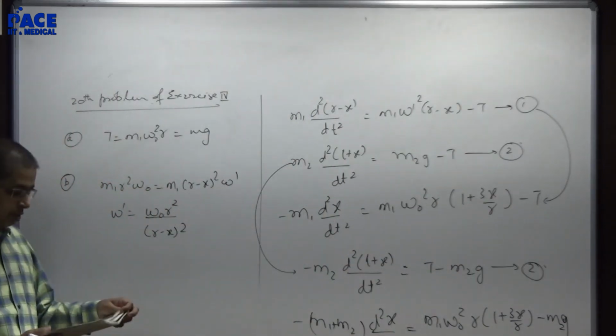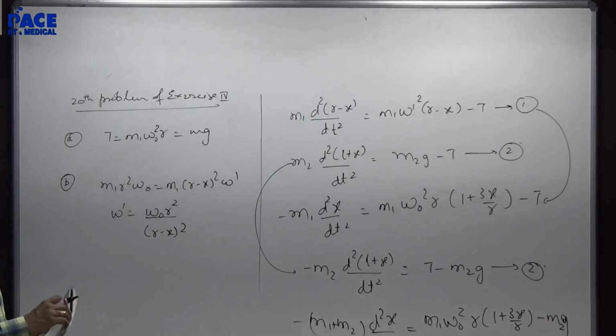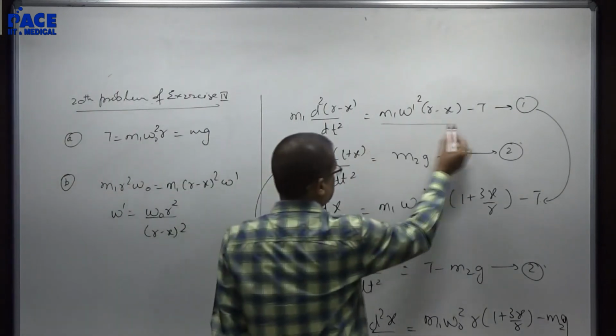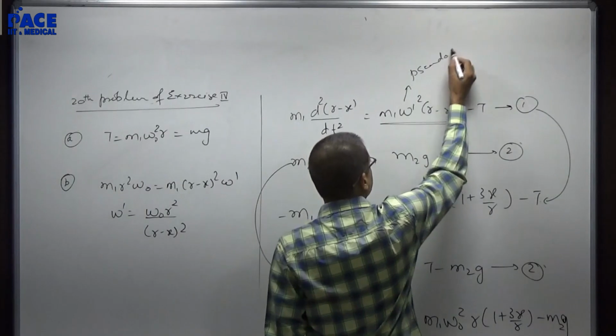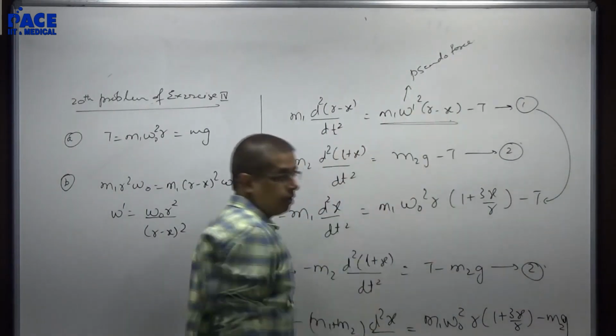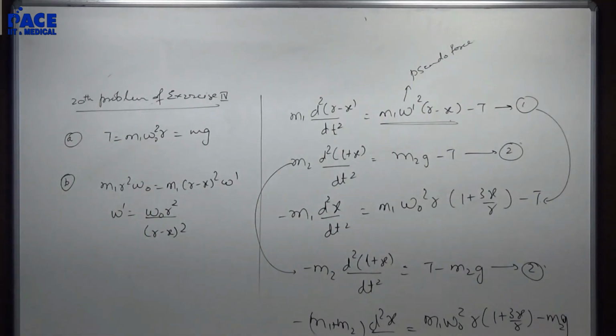Bring that m1 plus m2 to the denominator, you get the answer. This is the pseudo force on the block. If you have solved this problem, you will know what it is. The last exercise problem.